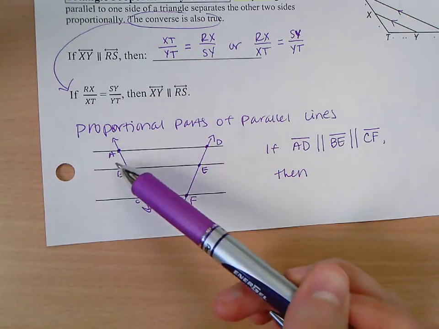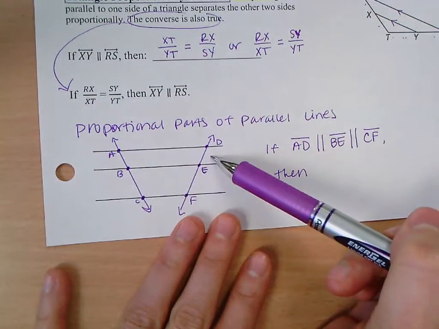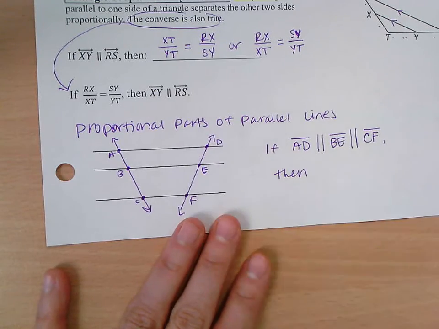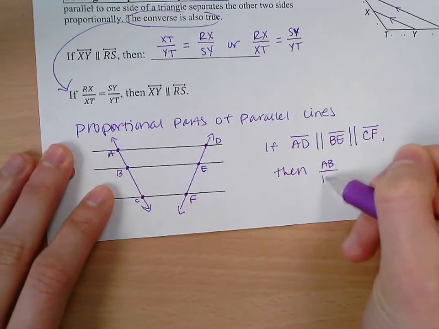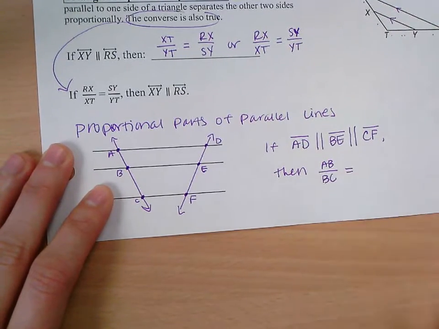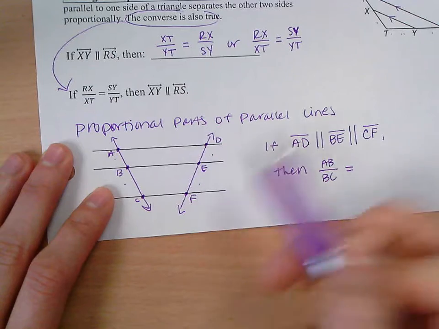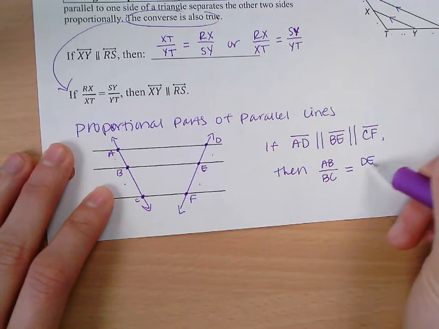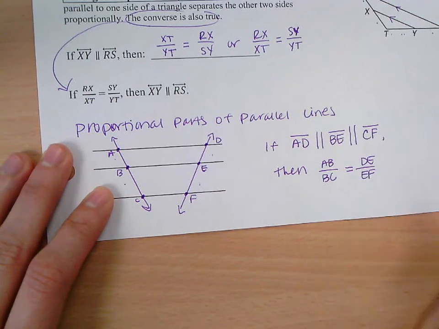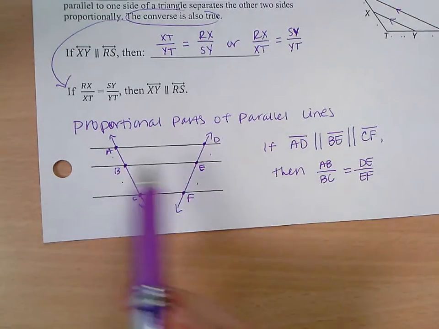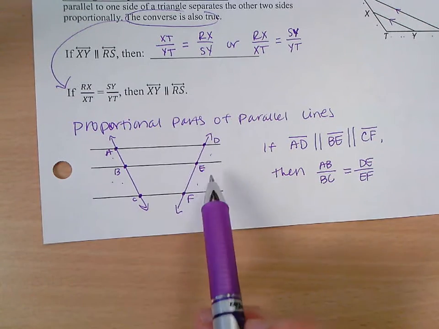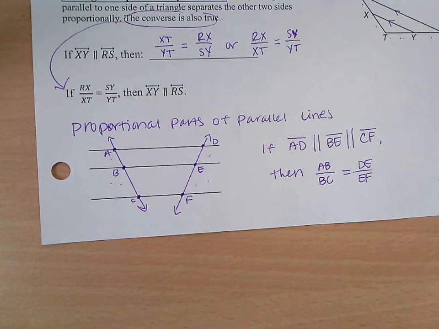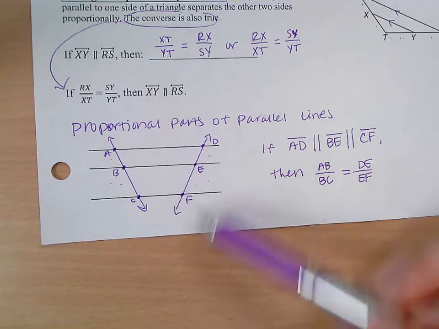So I know that AB and DE are proportional and BC and EF are proportional. So I can say AB over BC should be equal to DE over EF. And of course I could write that other ways. I could say AB over DE equals BC over EF. There's different ways to set that up, but it splits it proportionally so that those ratios would be the same.